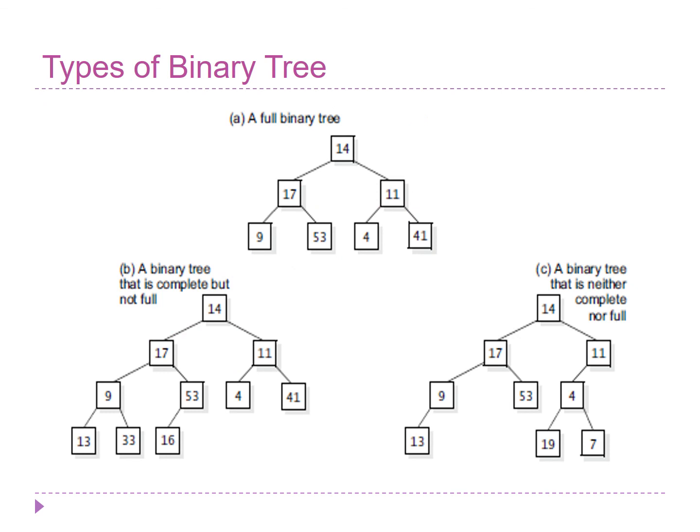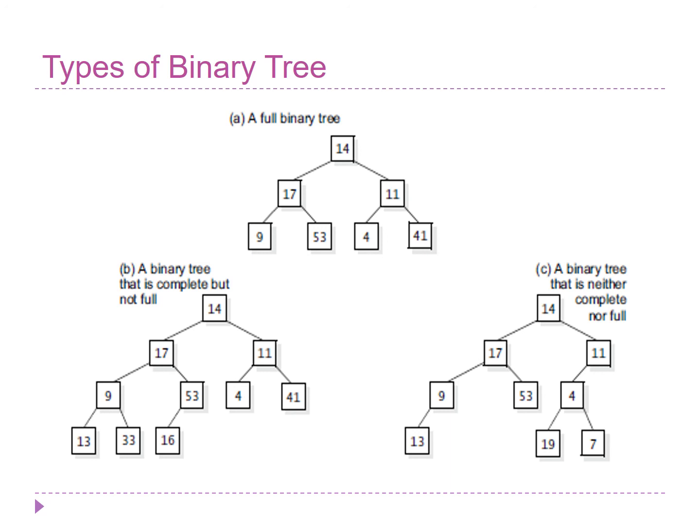There are 2 special types of binary tree, the full binary tree and the complete binary tree. A full binary tree is a binary tree in which every node other than the leaves has 2 children. The figure A is an illustration of a full binary tree.